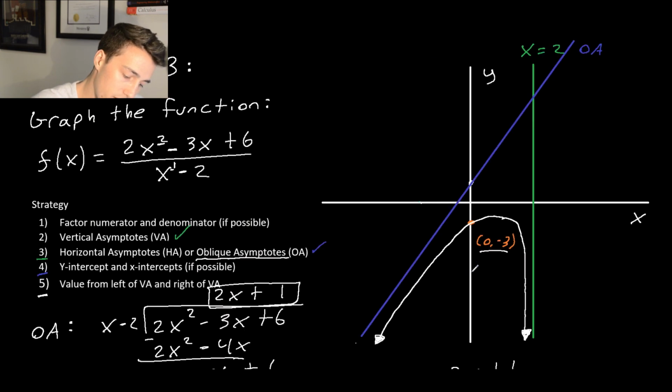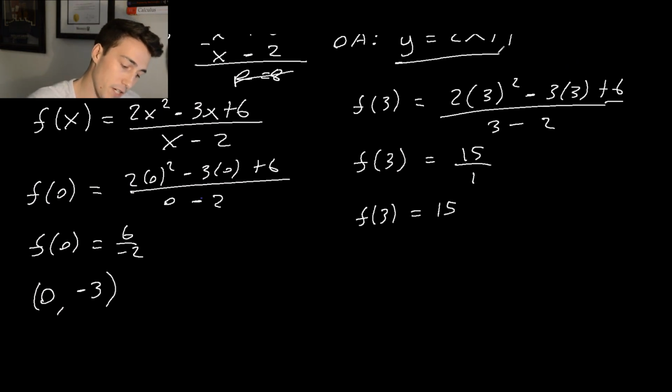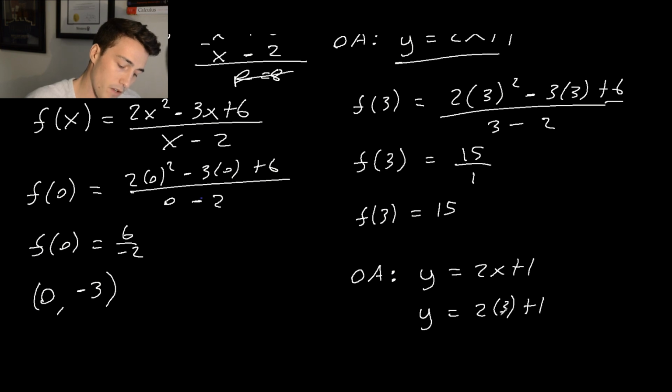So we get a point that's probably up here. And I know it's going to be above the oblique asymptote because I can just plug in 3 into the equation of our oblique asymptote, which is right here. So for this line, y is equal to 2x plus 1. If I plug in a 3 for the x value, that's going to be 6 plus 1, so y is going to equal 7.